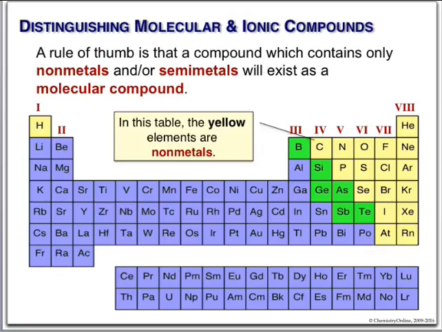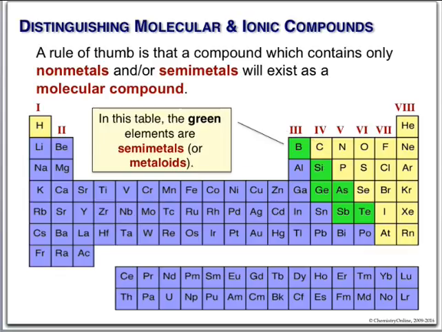These guys, anything with a metal, anything with a blue guy, is going to be ionic. Very, very simple rule. The green guys here in the middle, these are our semimetals. Nonmetals and semimetals will form covalent bonds. Metals will be ionic.